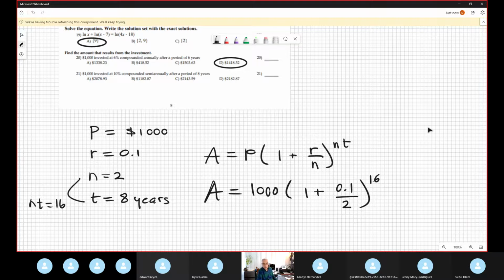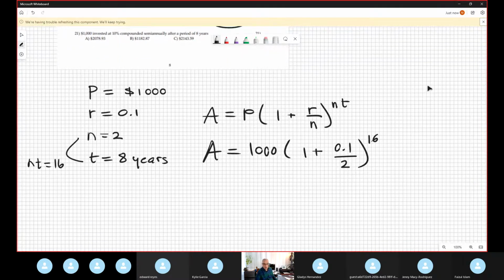If you want, not necessarily, we can do some previous operation in which you divide 0.1 by 2 and get 0.05. Adding 1 is 1.05 raised to the 16 power. And the rest you put in the calculator because it's too hard. In this case it's possible, but it's too hard. We would spend maybe 2 weeks doing this operation by hand.